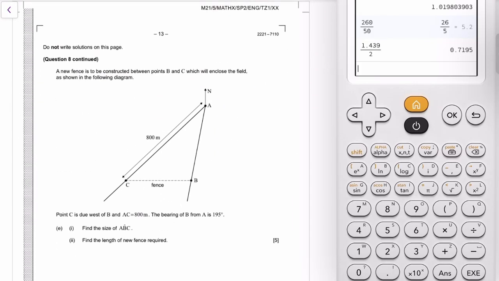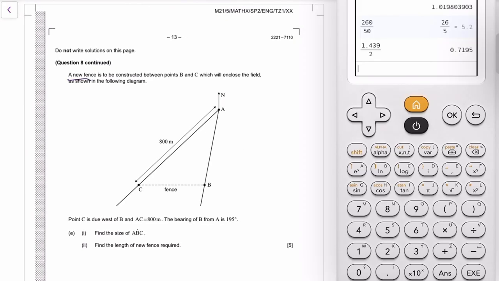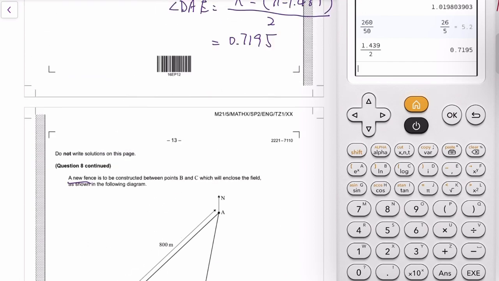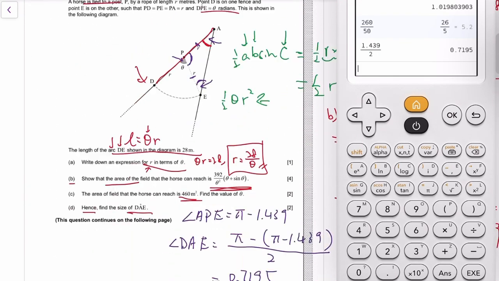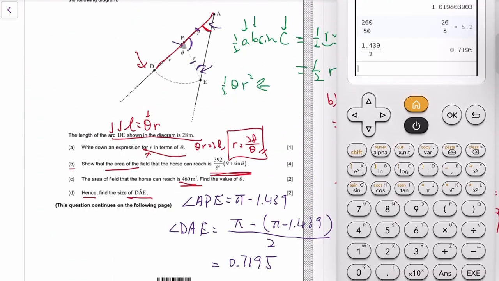Okay, then the question continues. A new fence is to be constructed. I think the diagram is quite unrelated. For example, the owl is completely gone.